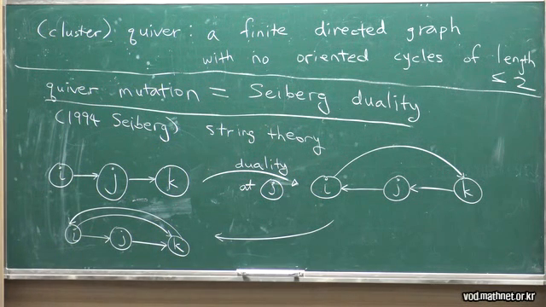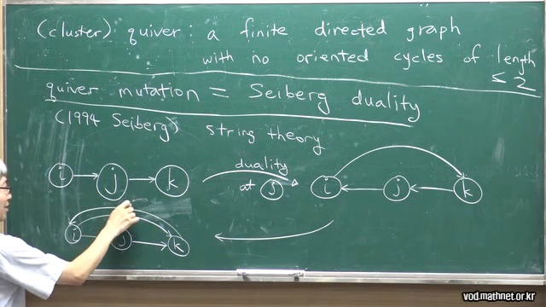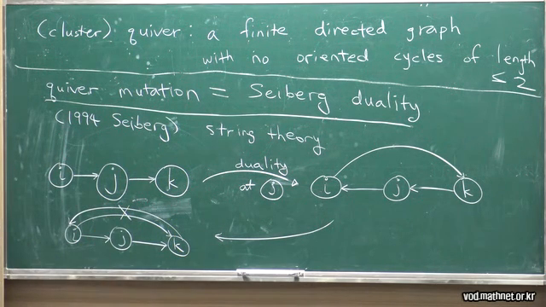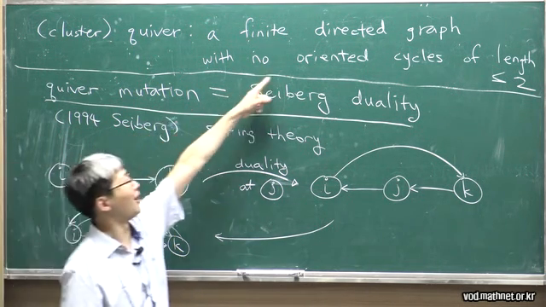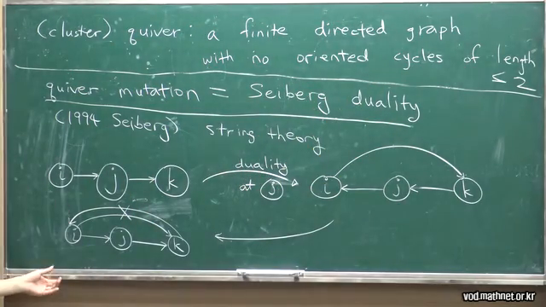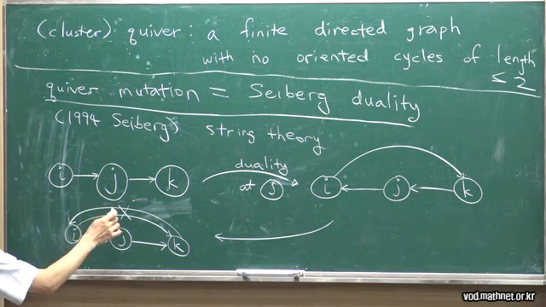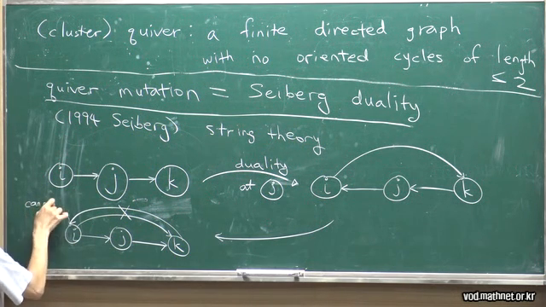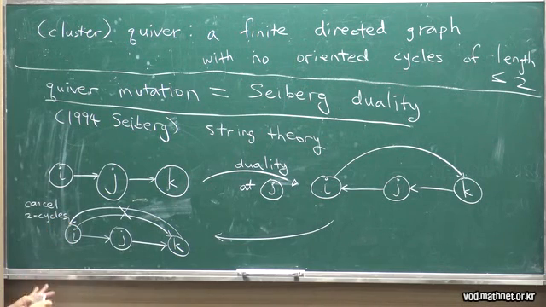But since I want these to be the same, I will actually cancel two cycles. That's why I don't allow these cycles of length less than or equal to 2. So just to cancel two cycles. Then I'll get a good notion of duality.